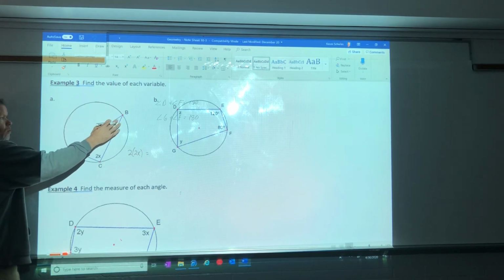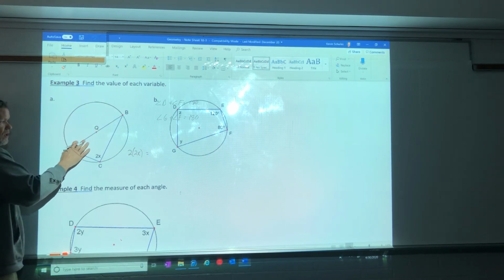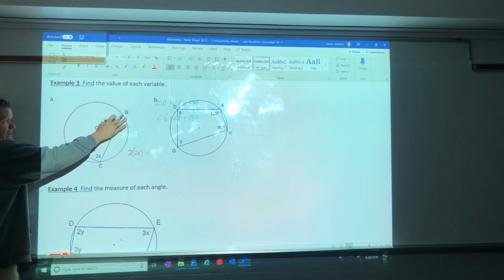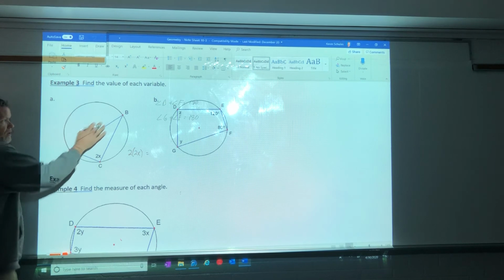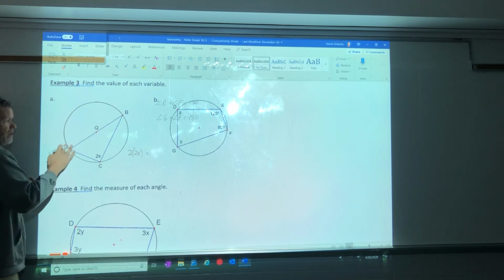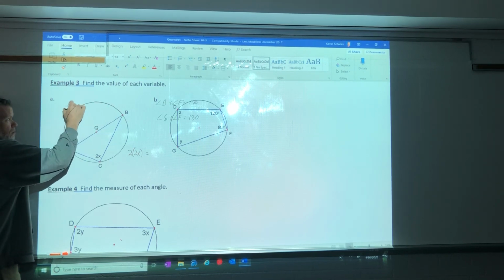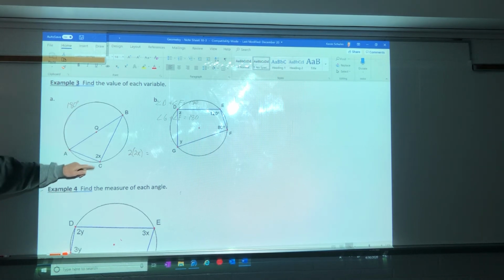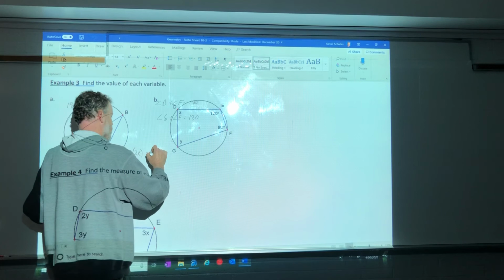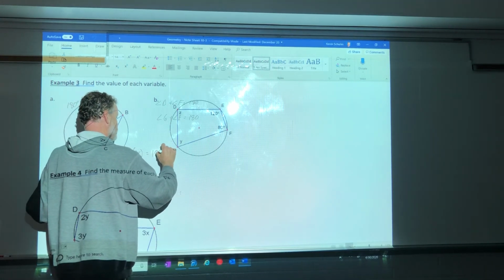this arc. Well, we know this is a diameter here, and we know it is because it goes through the center, so this arc is going to be 180 degrees, a semicircle. So 2 times this angle is going to equal the arc, 180 degrees.